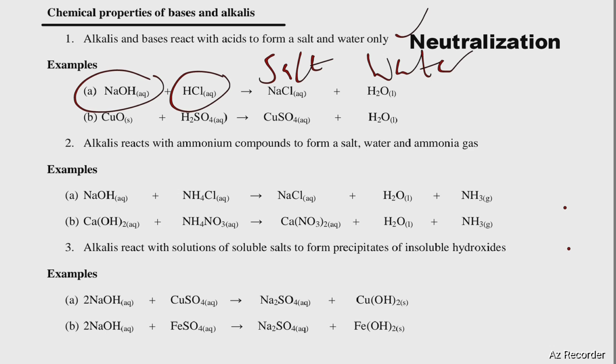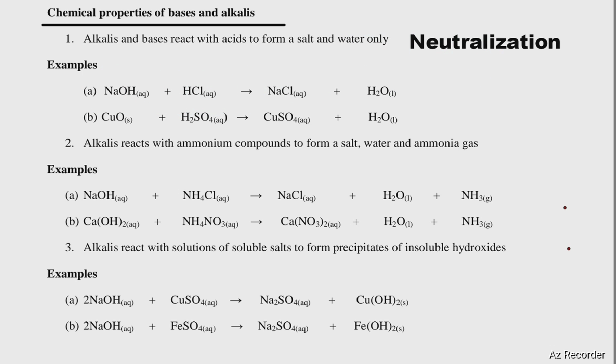So here, during the reaction, there will be what we call ionization. These two, like I always explained, will split here, and these will split there, and then you're going to have separate ions. Let me explain this properly.